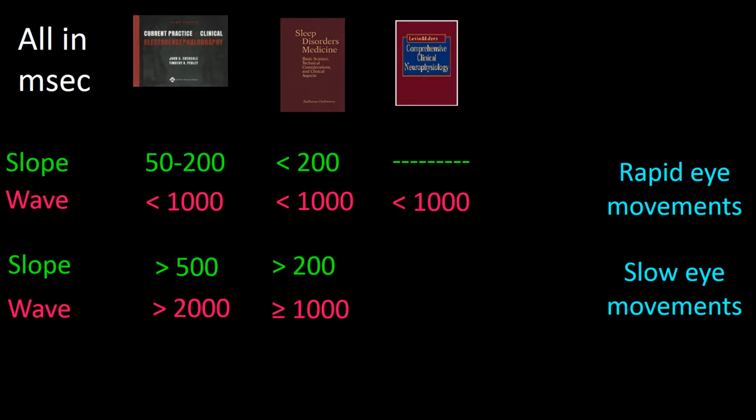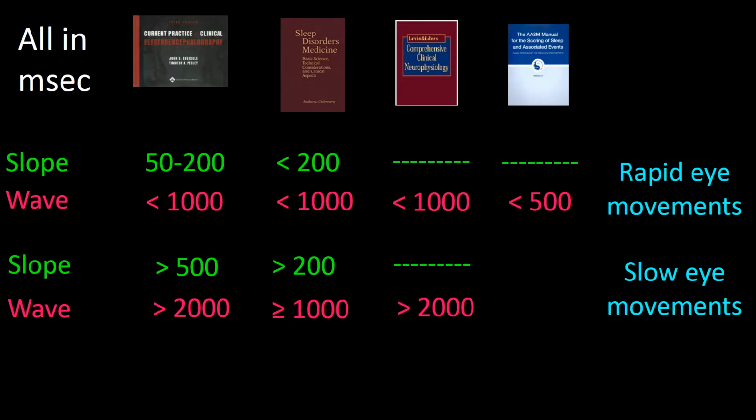Levin and Luters classify fast eye movements as those with a duration of less than a second, and slow eye movements as those lasting more than 2 seconds. The Academy of Sleep classification defines rapid eye movements as those with a duration of less than 500 milliseconds and slow movements as those lasting 500 milliseconds or more.